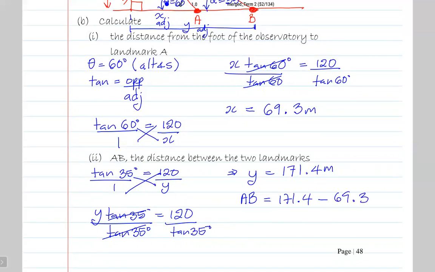So the distance AB is 102.1 meters. And so the distance between the two landmarks is 102.1 meters. And that's the end of the question.